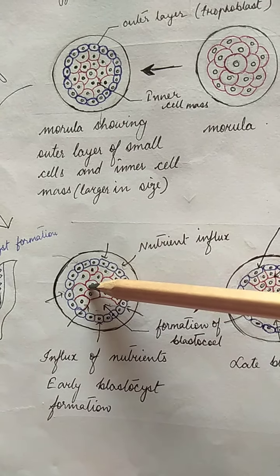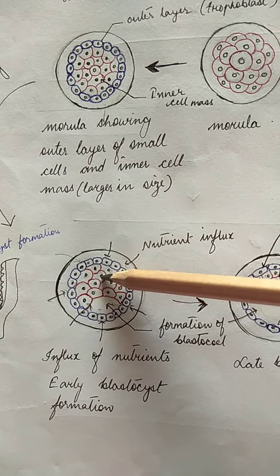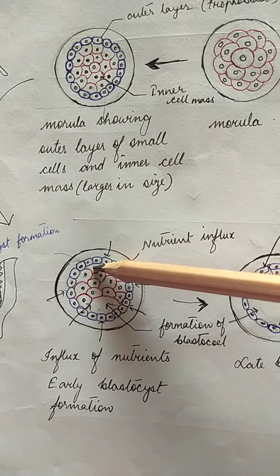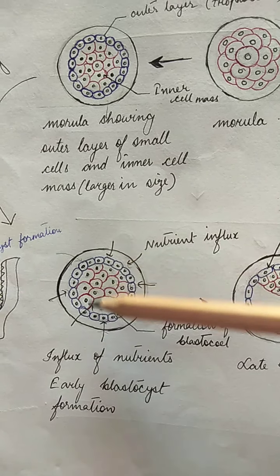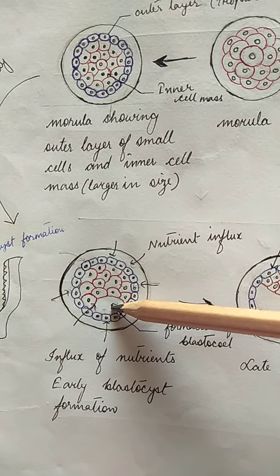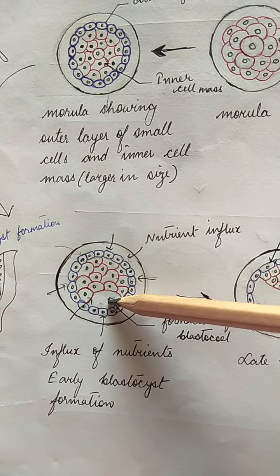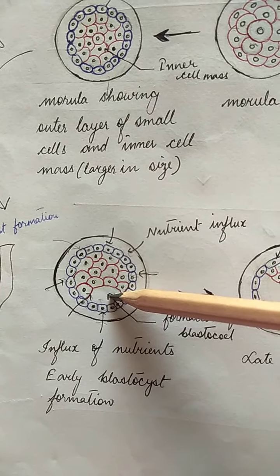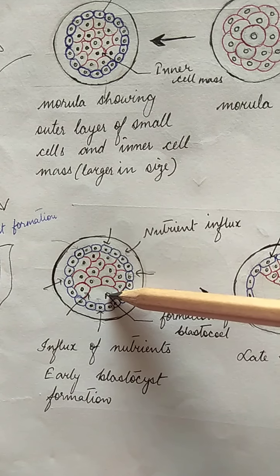The inner layer of cells arranges themselves at the animal pole, forming a cavity called blastocoel or blastocyst cavity filled with the fluid.